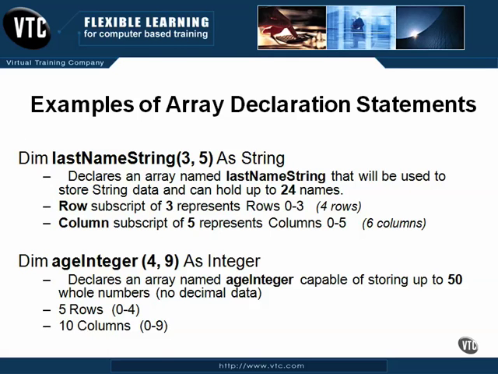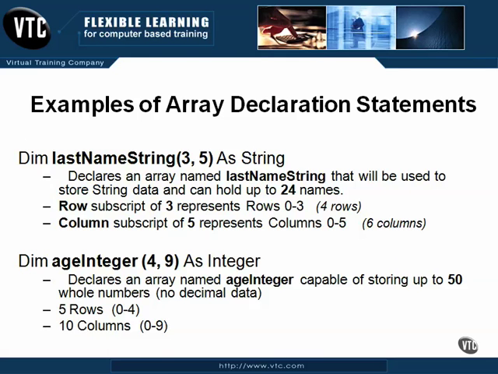This array, called lastNameString, can hold up to 24 names, because there are 4 rows and 6 columns. Note that the 3 represents rows 0 through 3, where in the column the 5 represents columns 0 through 5, therefore making 4 rows by 6 columns, for a total of 24 names.